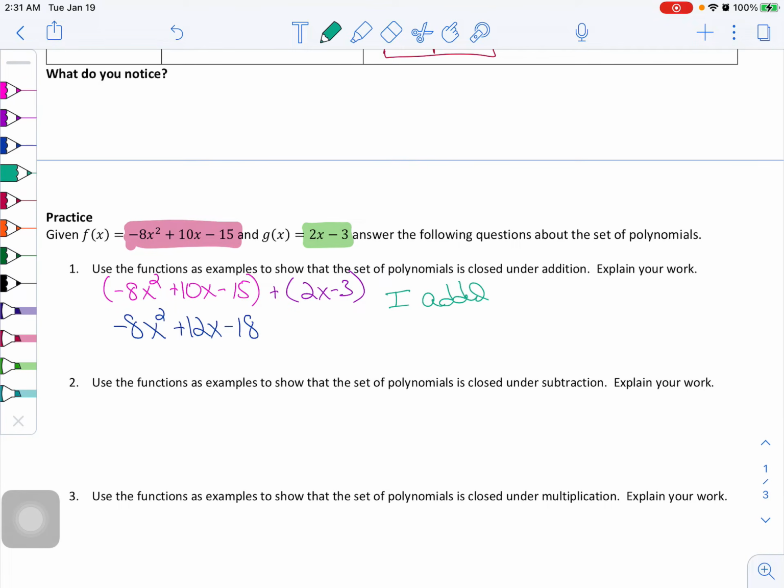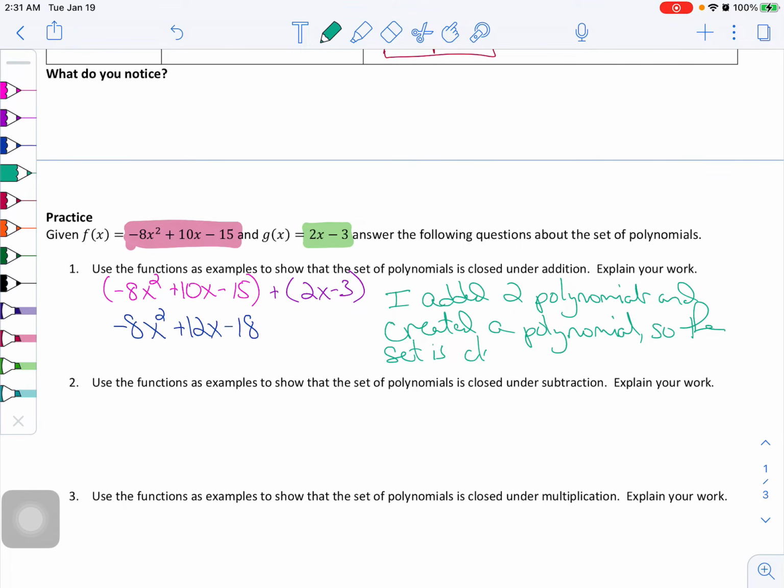I added two polynomials and created a polynomial. So the set is closed. And if I want to get really specific, the set is closed for addition. All right, so there's that one.